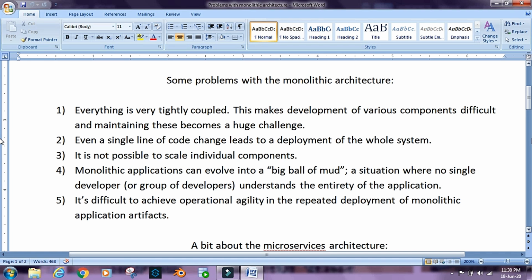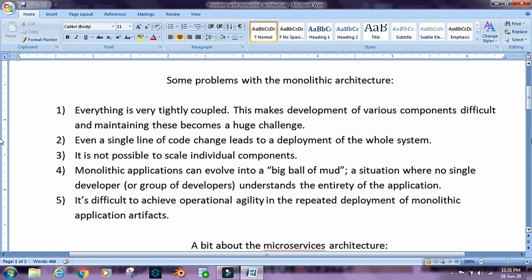And because we have everything in the same place and all these components are tightly coupled, there becomes a dependency of one team on the other team for the deployment and for the development, because they are working on the same application, and it really becomes difficult to follow the agile methodology of software development, right?